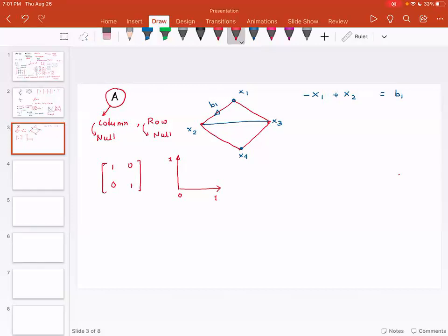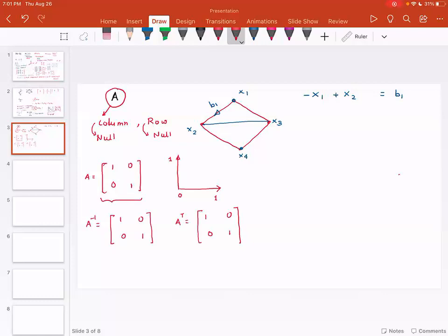So for the orthonormal matrix, I just want to give an example. If I want to invert this matrix, you agree with me, A inverse is again 1, 0, 0, 1. If you don't believe me, use MATLAB, and if you do A transpose, which is again 1, 0, 0, 1. And what is the reason?